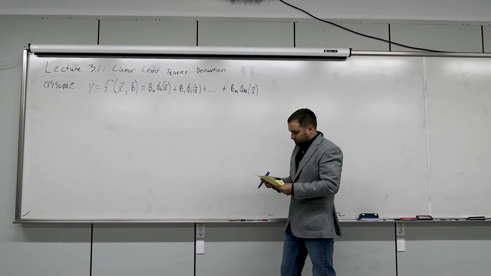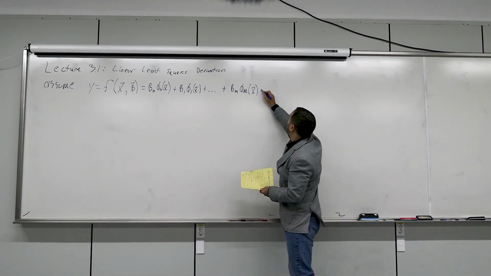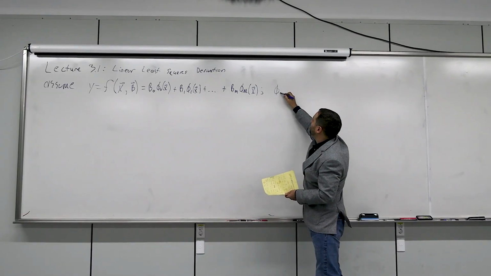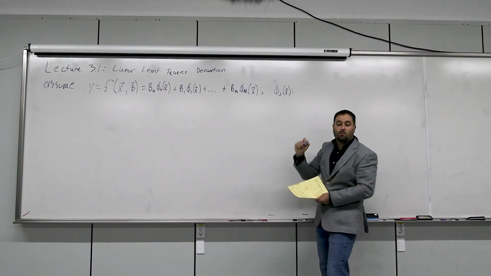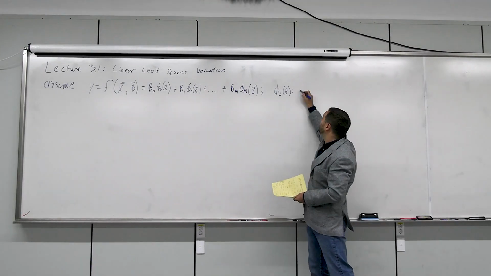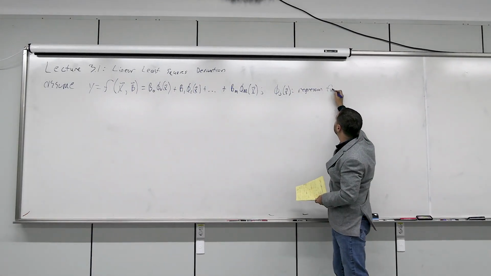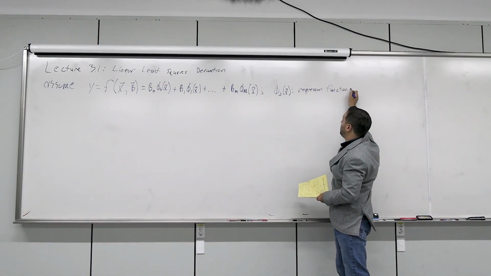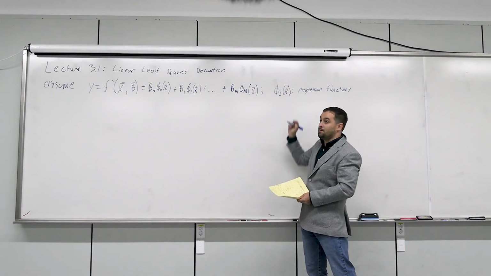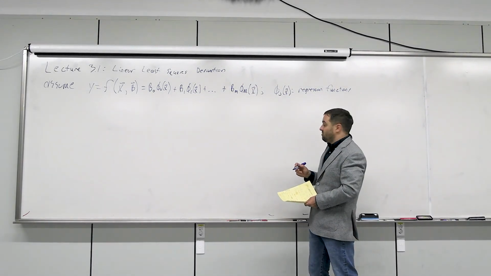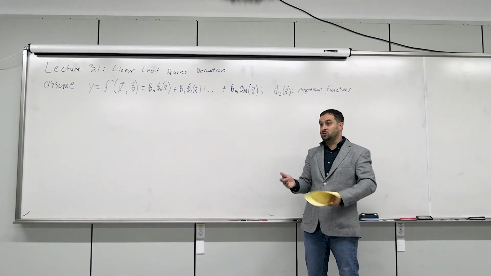If you remember, I'm going to call them phi j of x. These are what I call the regression functions, which can be any function of our input parameters x. They could be polynomials, sine functions, exponentials, logarithms.